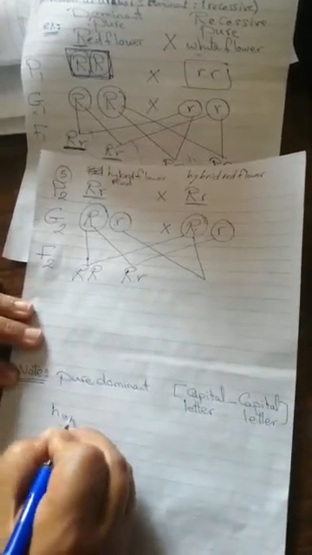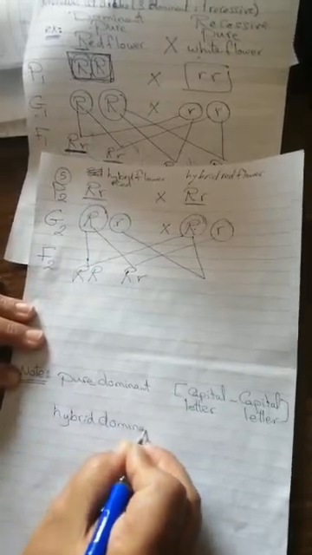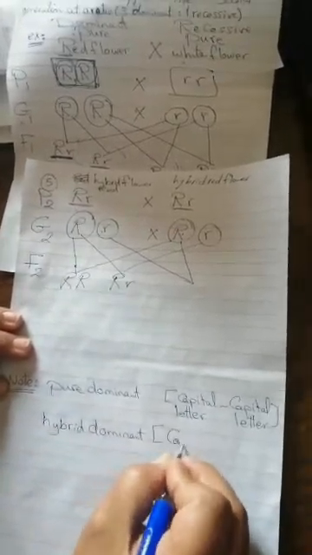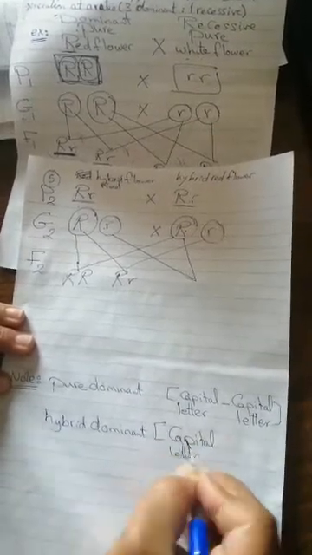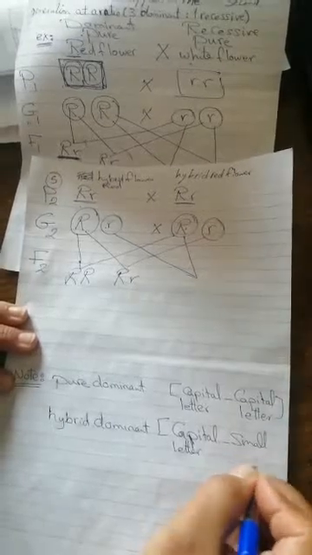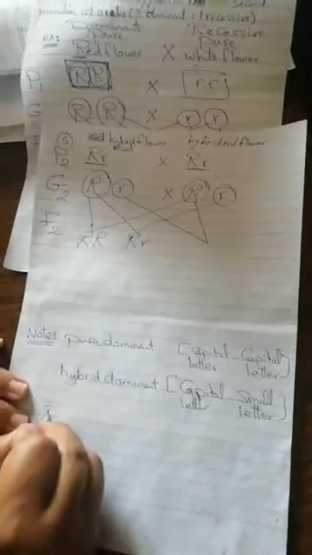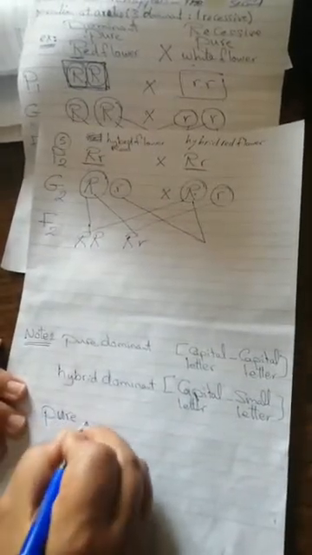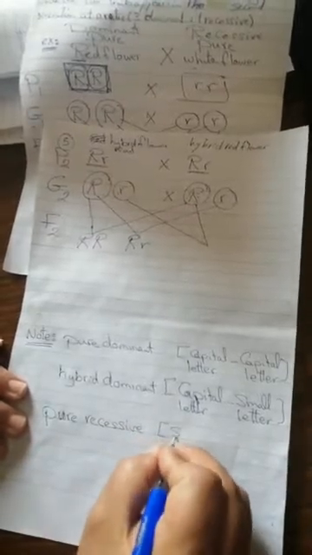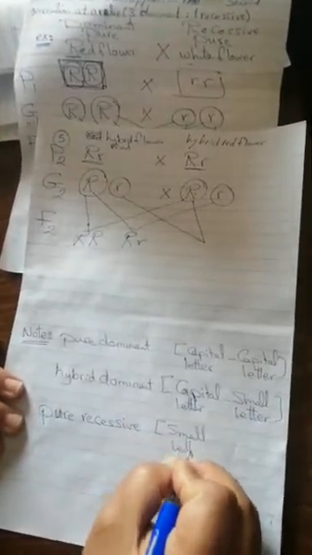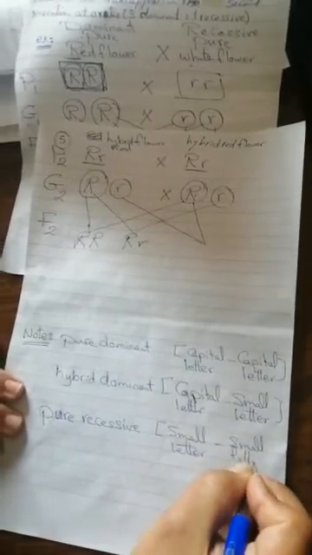Hybrid dominant: capital letter, small letter of the same letter, I mean. Pure also, the recessive must be pure only. There is no hybrid recessive. Small letter, small letter. Let's make an example.